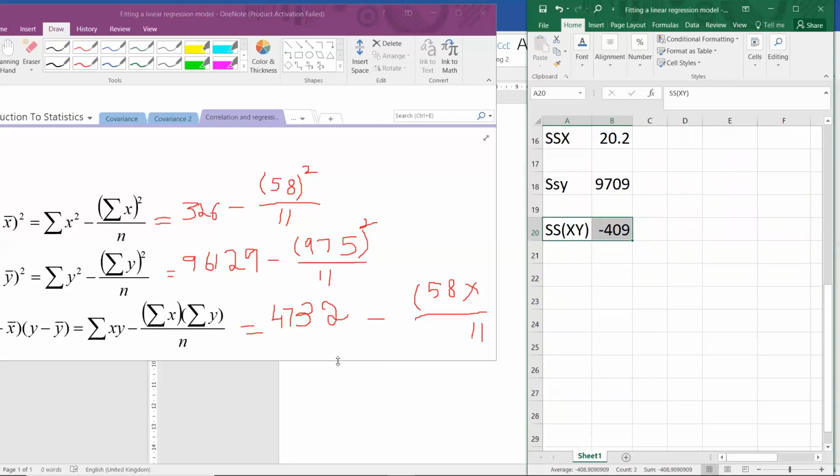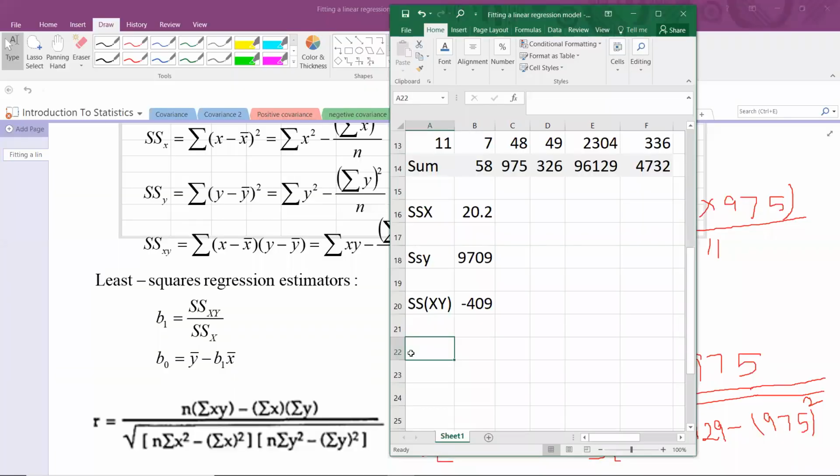Now the next item to be computed is B1, the estimate of beta 1.